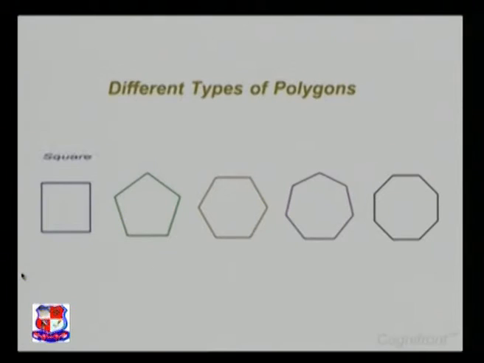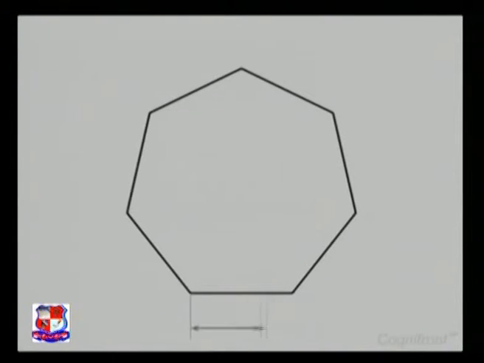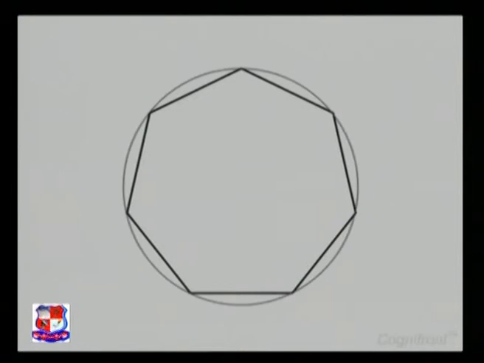Hi, welcome. In this session, we'll study various methods to construct different polygons. First, we will construct a regular heptagon with a side length of 25 mm. We will use the inscribed circle method to construct this heptagon. First, draw a line AB of 25 mm.